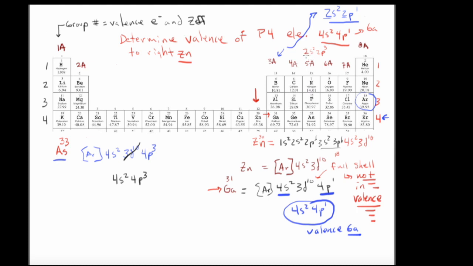And then all we have to do is switch the numbers for the proper period. Arsenic is in period 4, so it would be 4s2, 4p3, which is what we got down here. So this is the correct valence of arsenic.